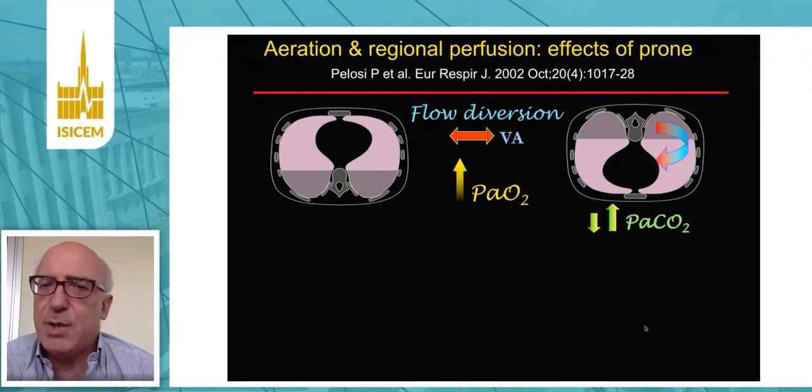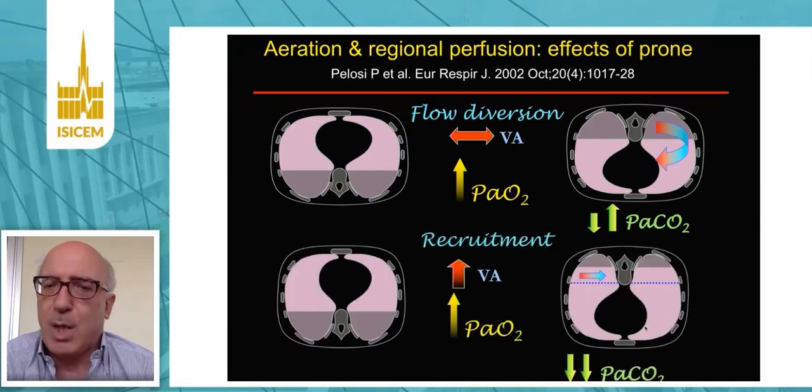So when PO2 increases and PCO2 does not change or increases, this suggests that the improvement in oxygenation is just due to a redistribution in perfusion. On the contrary, when oxygenation improvement is associated with a reduction in PCO2, and thus we can expect an increase in regional ventilation, this is likely associated with recruitment in the dorsal lung regions.